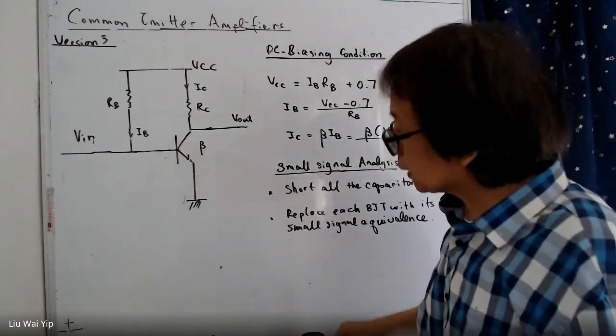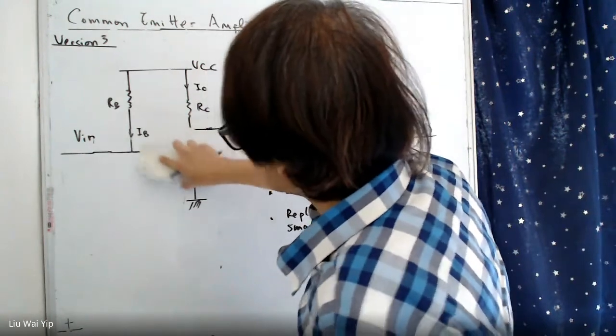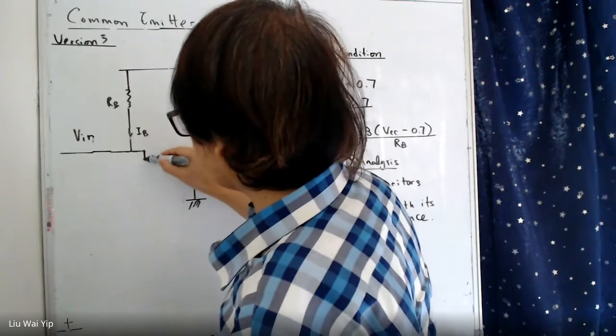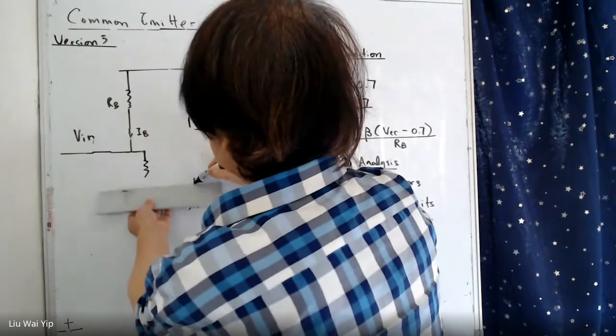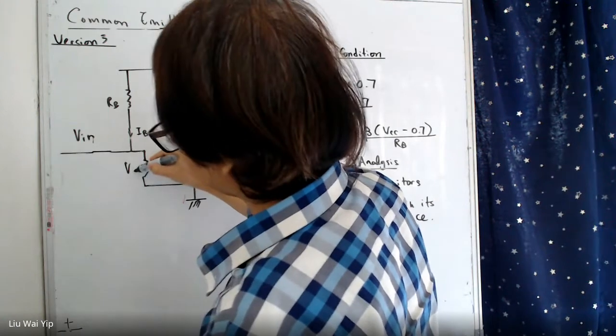So in this case, we replace this one with small signal. You can use pi model. V pi.